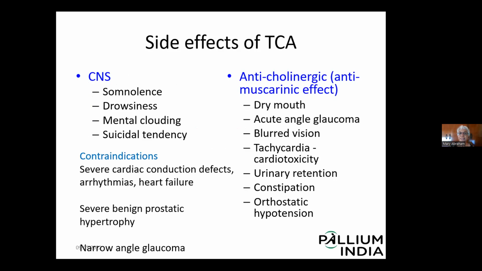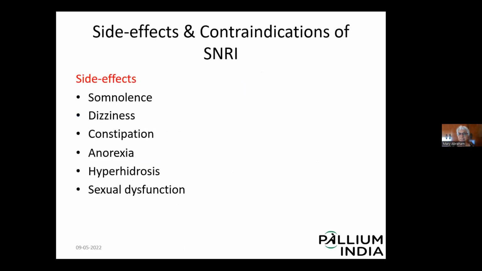So, accordingly, the contraindications are you should avoid it in patients with severe cardiac conduction defects, those with prostatic hypertrophy, and those with glaucoma. You should avoid these drugs. If you look at the side effects and contraindications of SNRI, the side effects again are somnolence, dizziness, constipation, anorexia, sexual dysfunction.